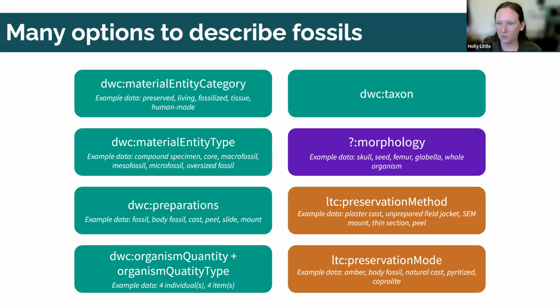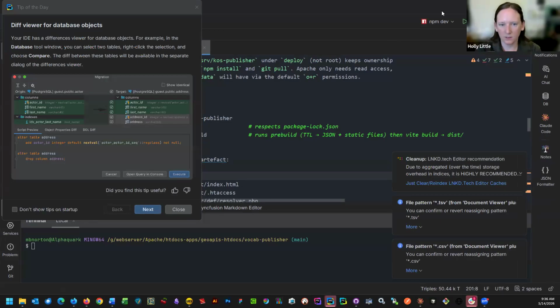So using that as a way to filter specimens in GBIF is not ideal, particularly until some work is done to clean up what preparations is, and what types of values should end up there. We also, like I said, you can use things like organism quantity and organism quantity type to try to narrow down what the record represents as far as an object goes, but that would be dependent upon other fields as well.